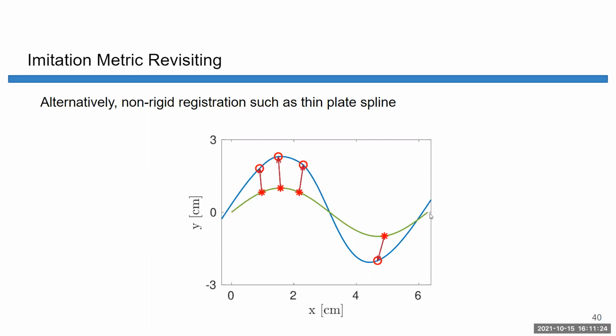And what we want is to adapt several critical points to other locations. In this case, we want this red star point to go through this circled one. By using thin plate spline, the modified trajectory can preserve the shape better.